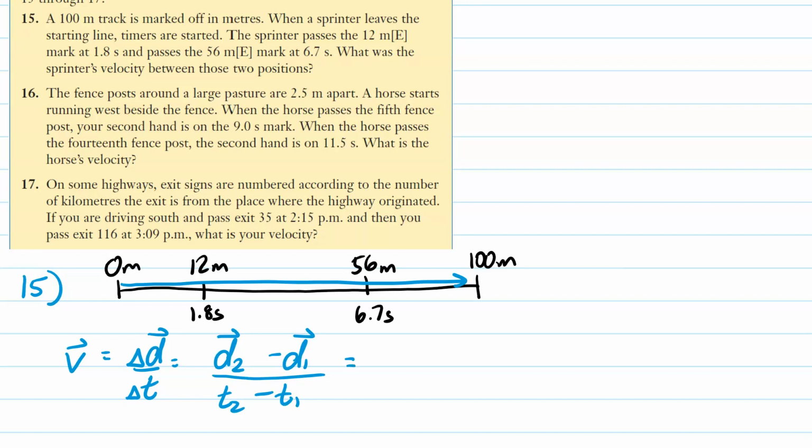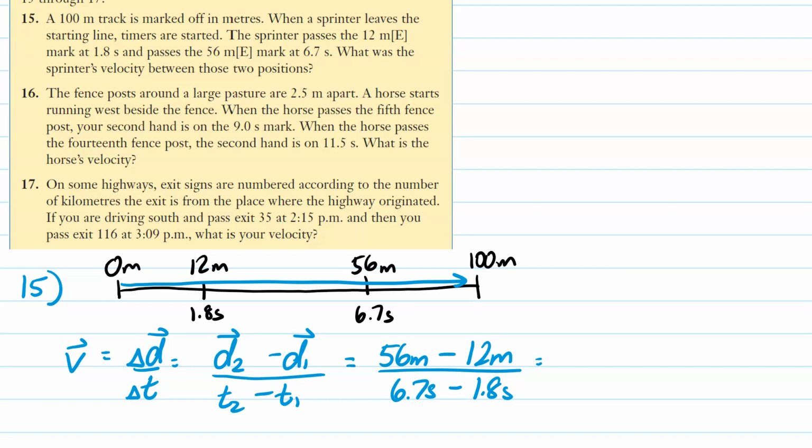And with that equation, we just fill in the values. D2, or position number 2, is 56 meters to the east, minus D1, or position 1, which is 12 meters to the east, divided by time 2, which is 6.7 seconds, minus time 1, which is 1.8 seconds.